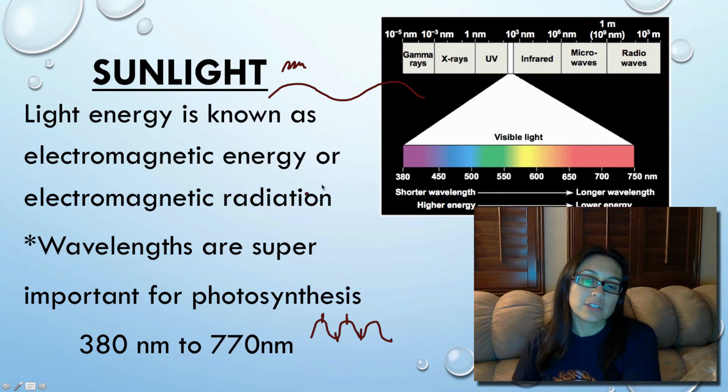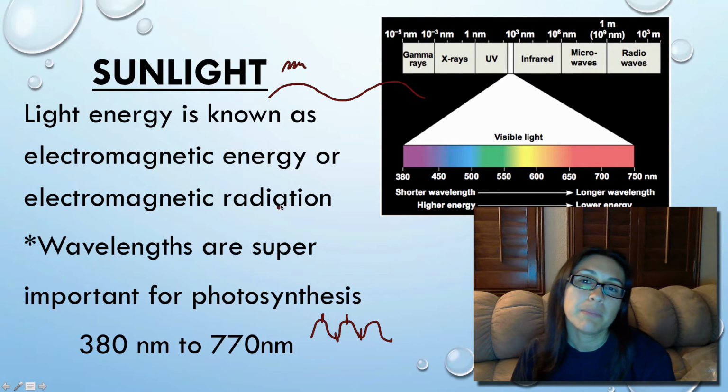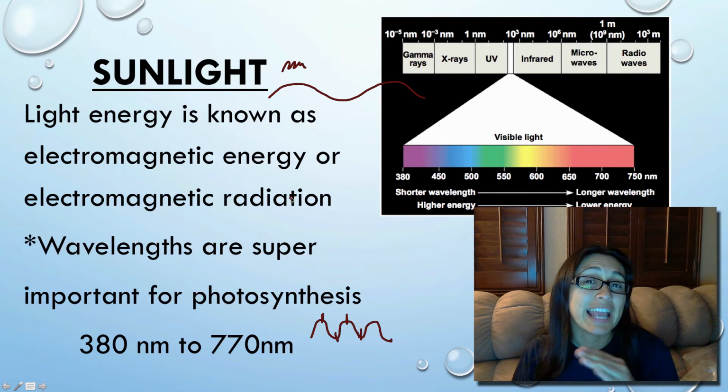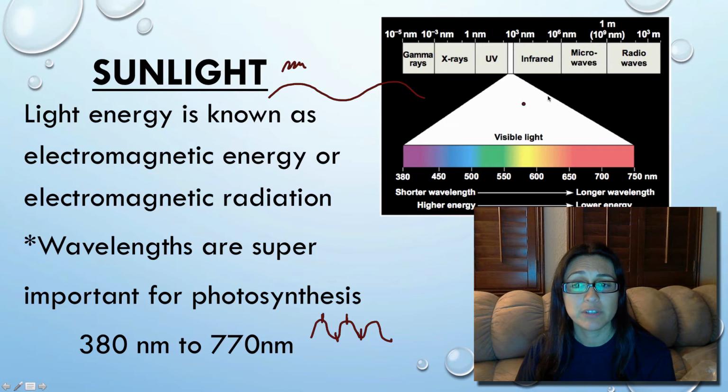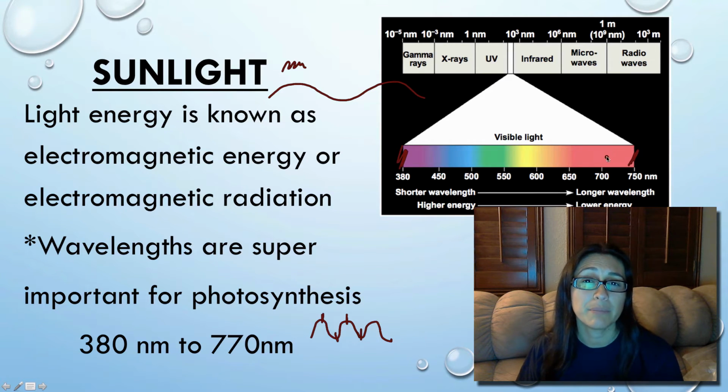These waves are going to be important in determining energy that can be absorbed from sunlight. The most important for sunlight involve the visible light here, so waves that are from 380 nanometers to 750 nanometers. Those are going to be the important ones for photosynthesis.